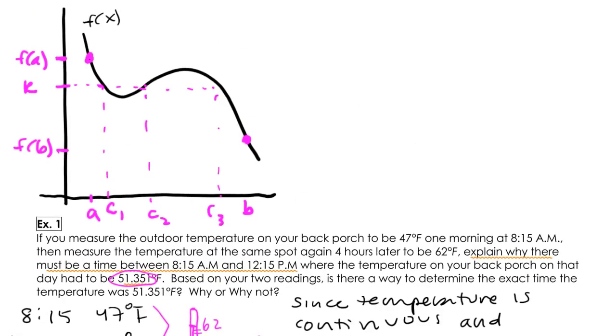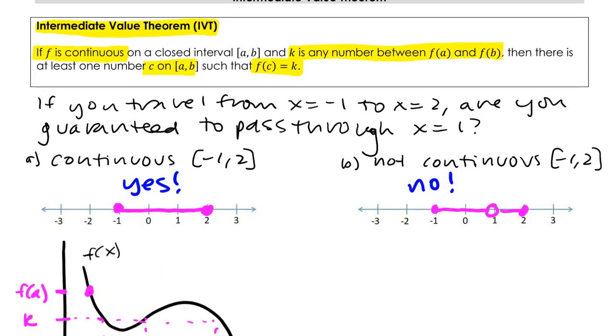Okay, so again, I want to make sure we get all these conditions met. We need continuity. It's if this and this, then. Okay, now we can go prove what we want.